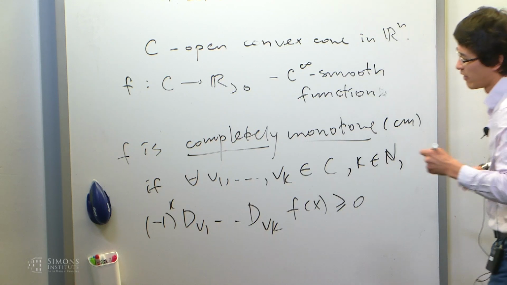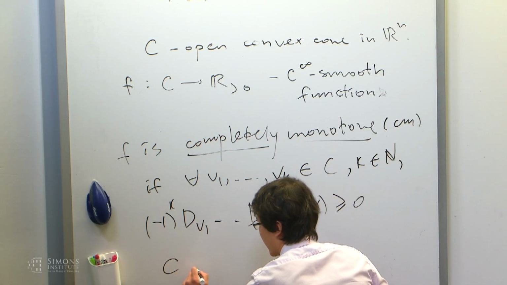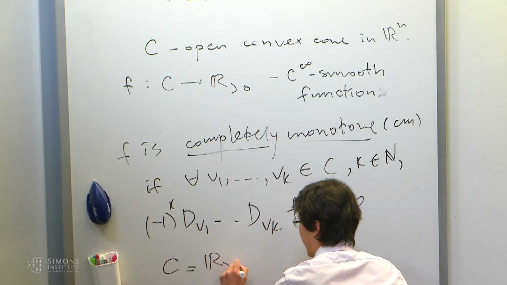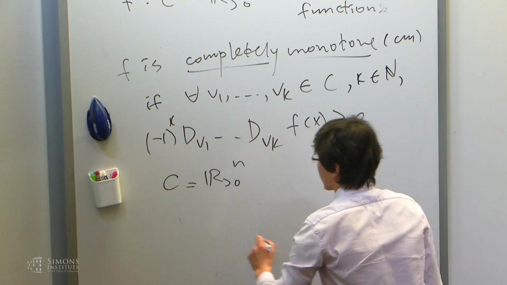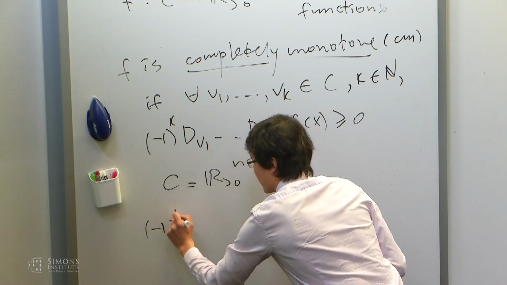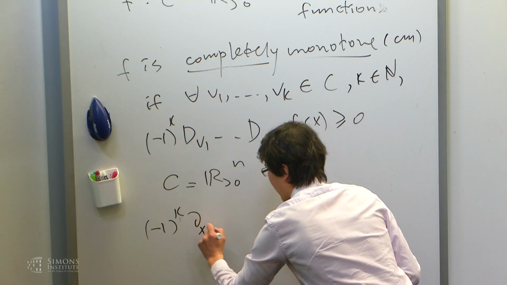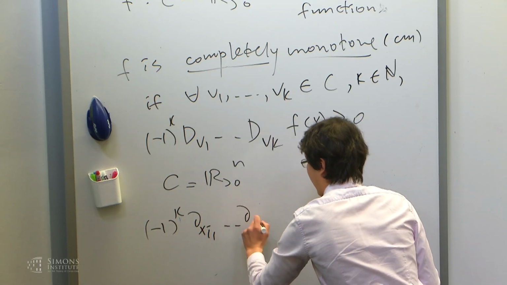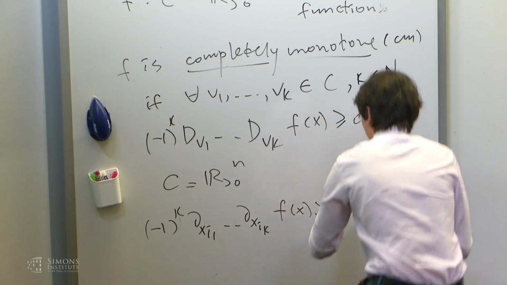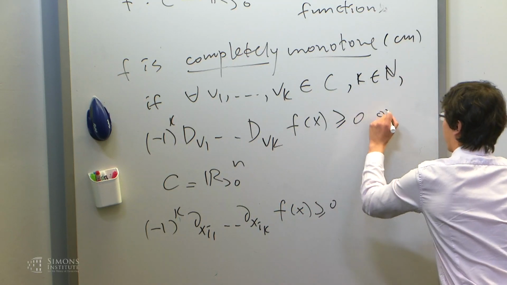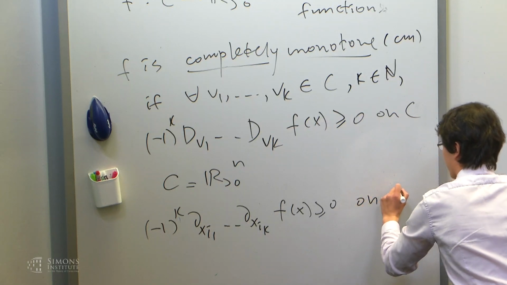For example, you can think of the positive orthant, and then this condition is equivalent to taking all kinds of partial derivatives, and this has to be non-negative on the positive orthant.